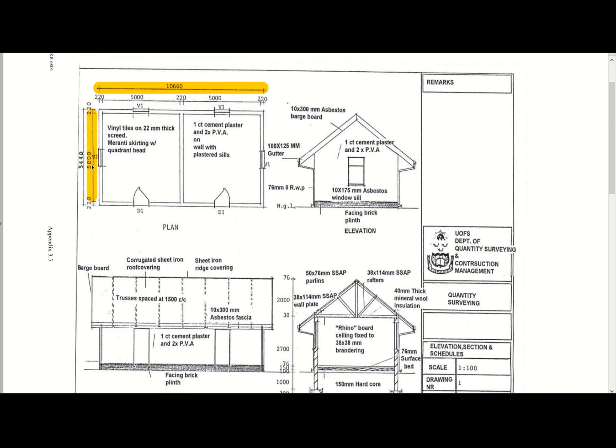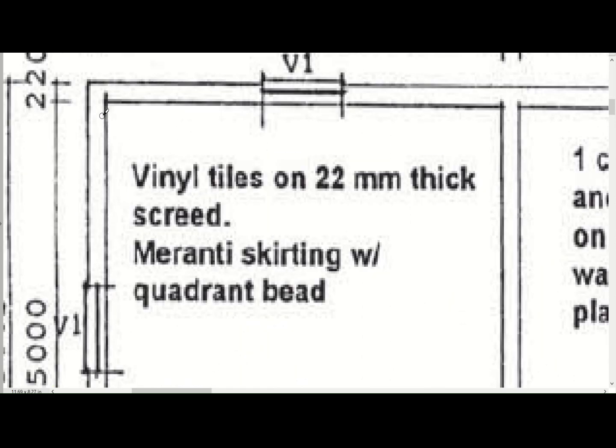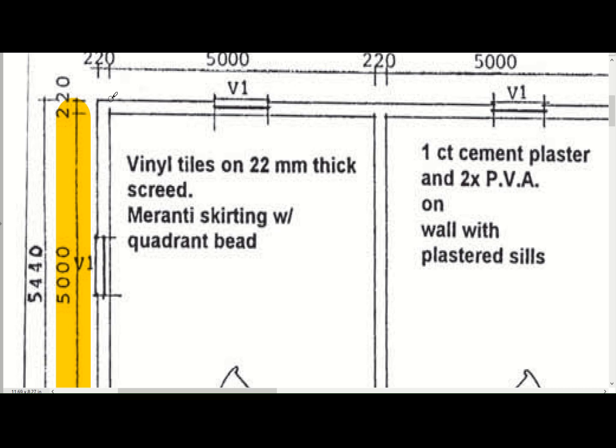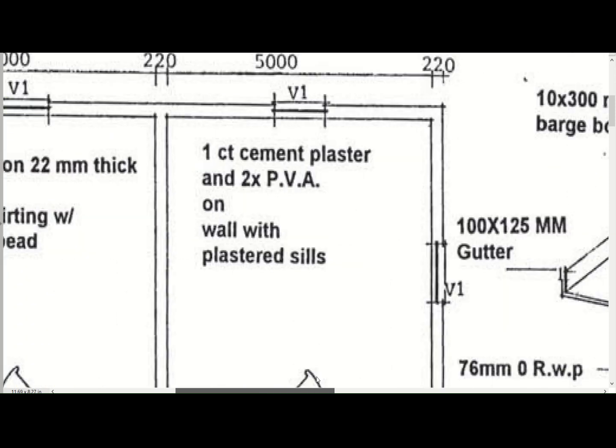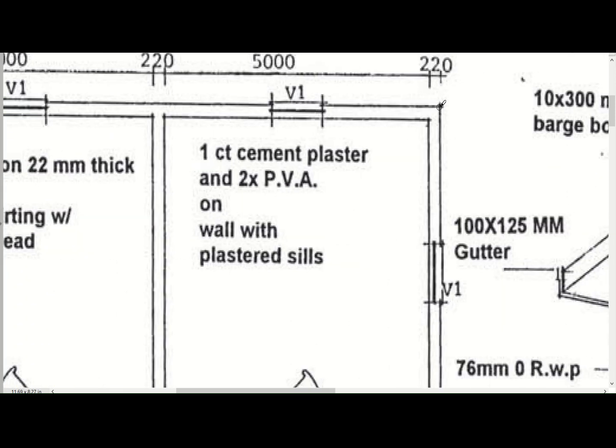You will see why it is not the 5.44. It's because if you zoom in here, you already measured that little section there. Sorry, the highlighter doesn't really zoom in very much. But what you've done is you've actually measured from this end to this end already.